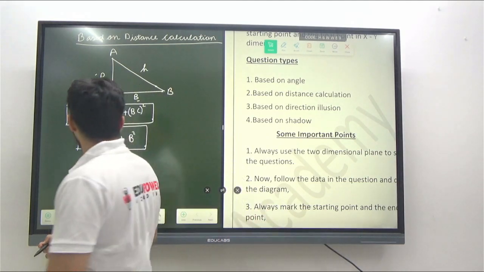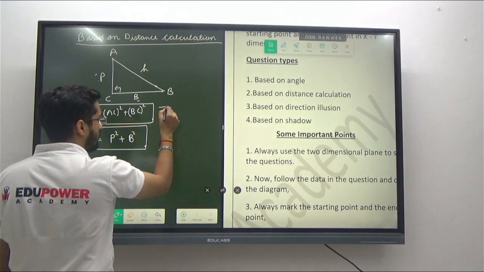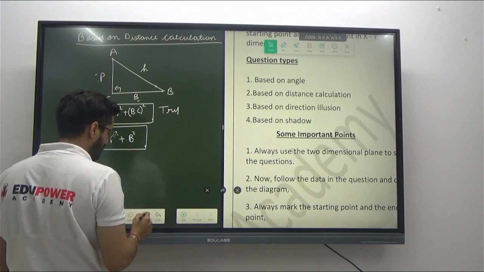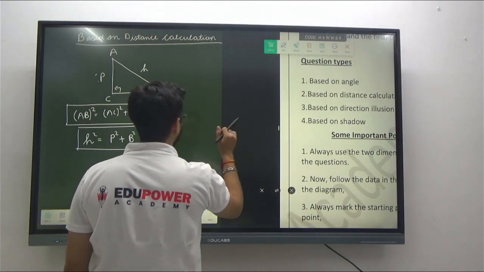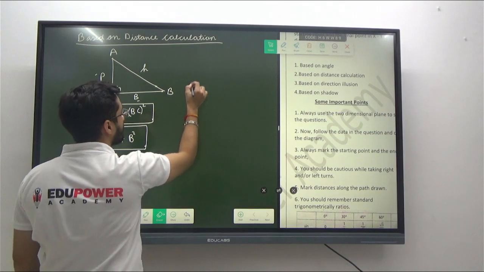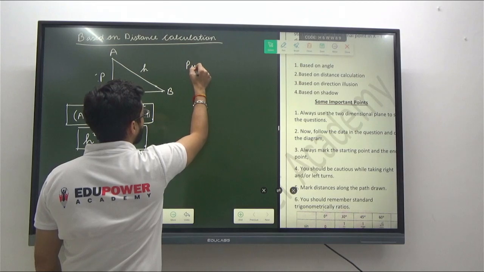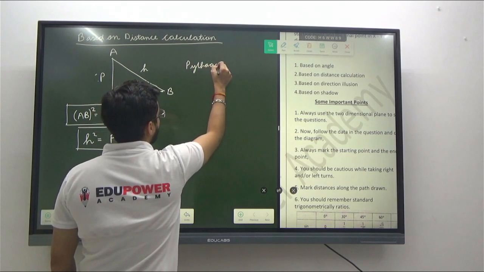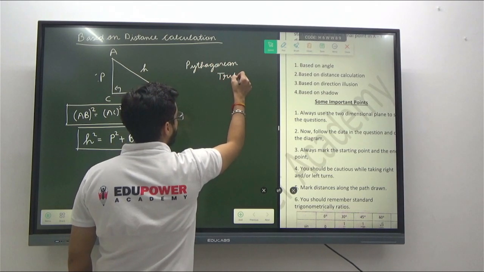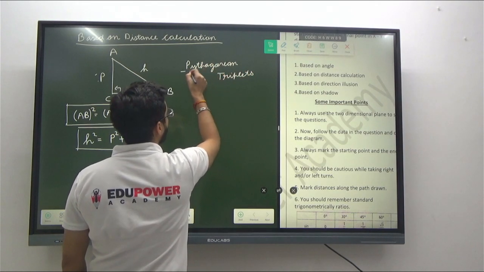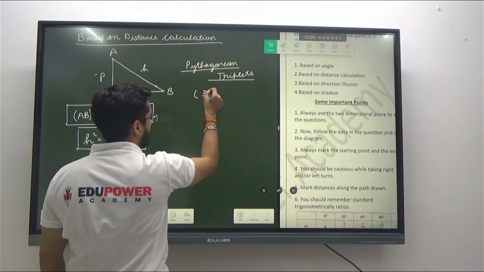Now, some famous Pythagorean triplets. The most important, the most fundamental triplet is 3, 4 and 5.